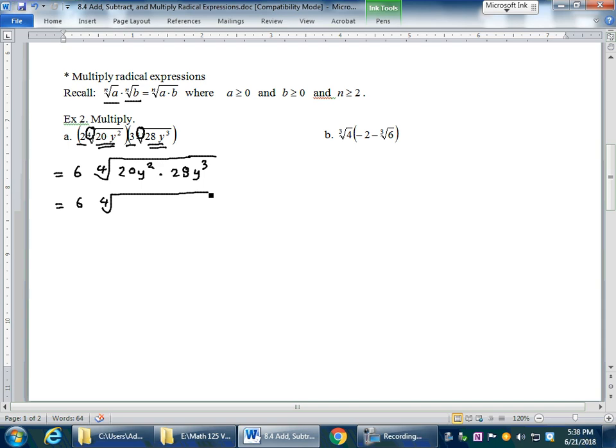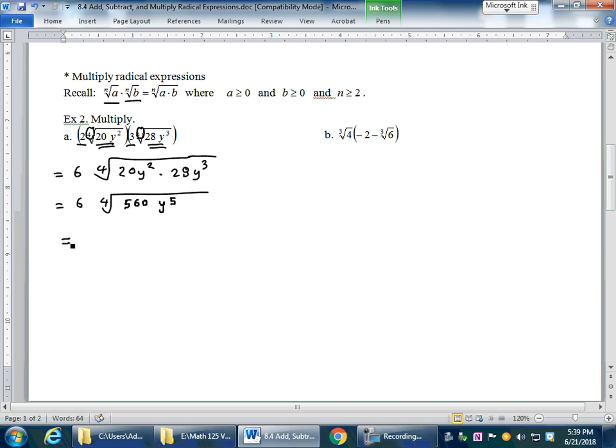Let me point this out. 20 times 28 is 560. That is a very big number for you to break down when looking for the perfect 4th power number. So let me recall for you how to break this down. So 20 times 28 is 560, and y squared times y gives me y to the 5th power.